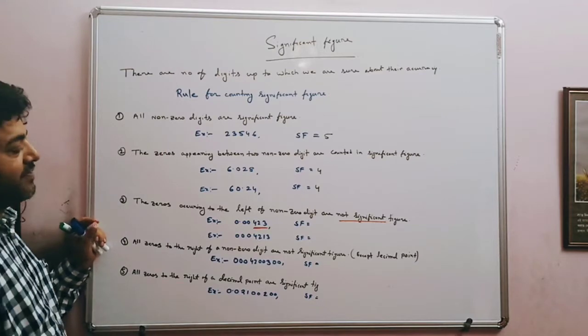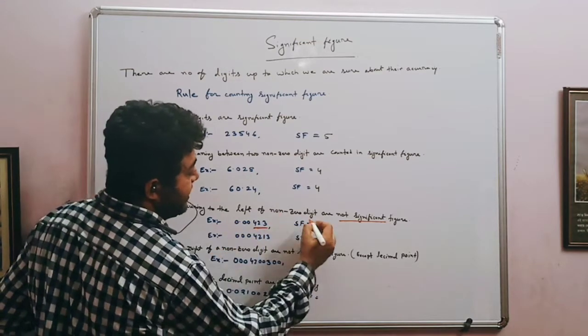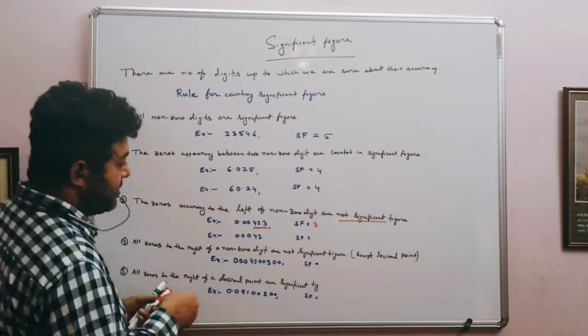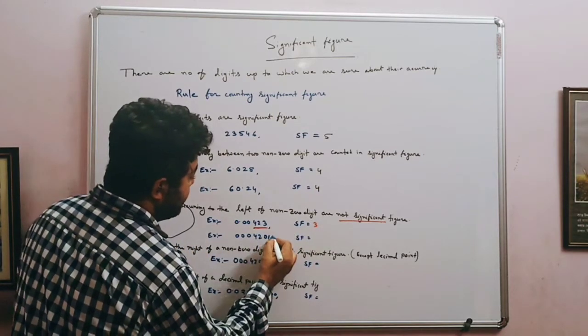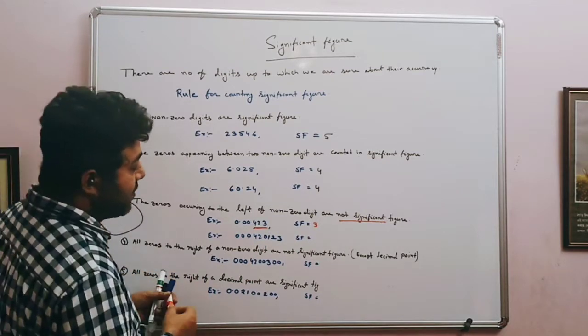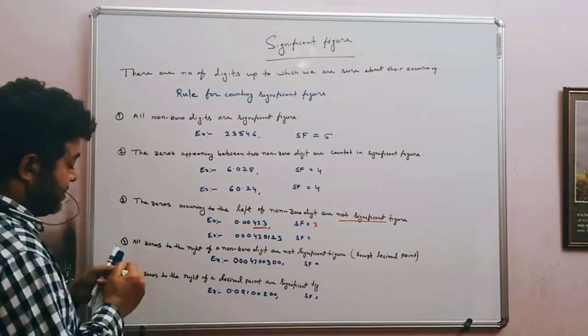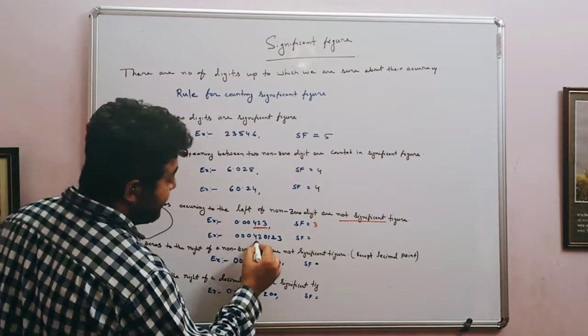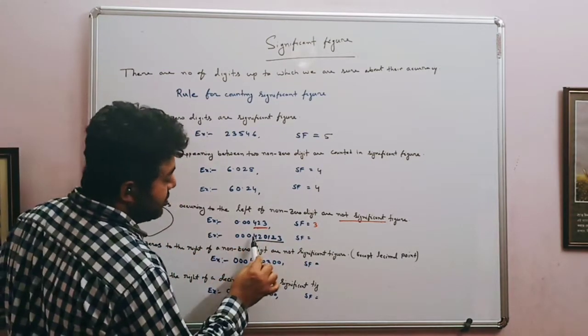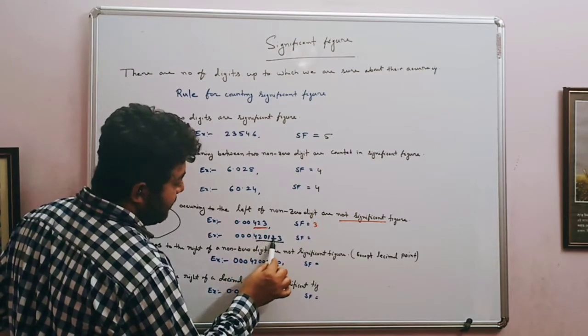How many significant figures are there? That means 3. Okay, you can change it a little bit, it will be much better. Suppose 0, 1, 2, 3. Now see, zeros in between are counted as significant figures, but zeros on the left are not counted as significant figures. So your number is 1, 2, 3, 4, 5, 6.